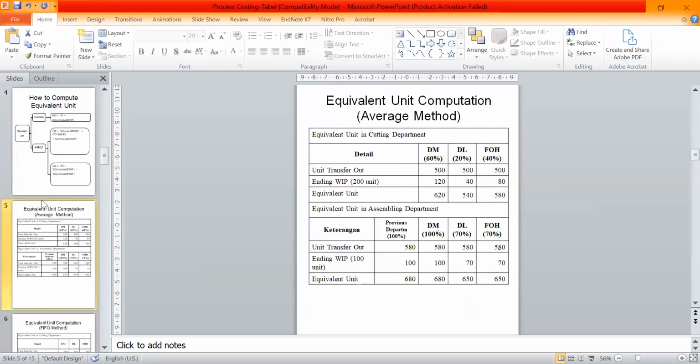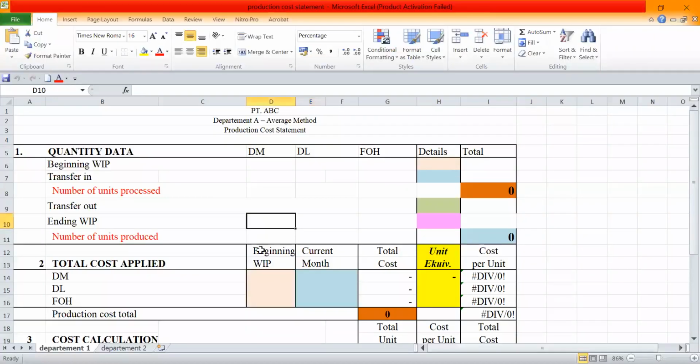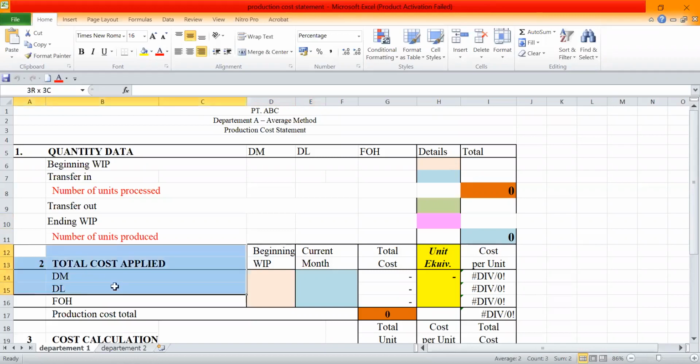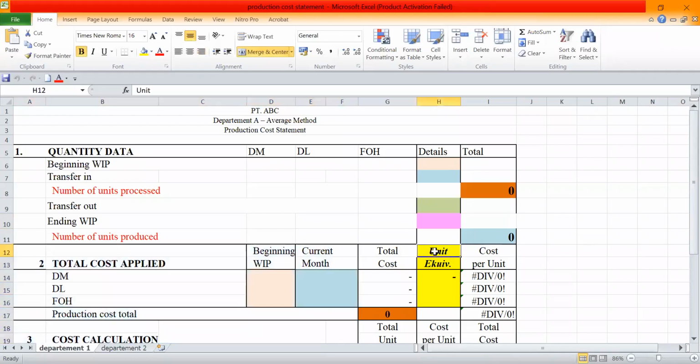Let's go back to the issue of the equivalent unit. This is an important issue because, take a look at this first. In the production cost statement, in the second part, we need to input the equivalent unit information.